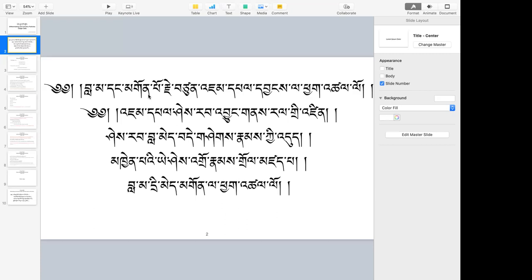I prostrate to you, O Lord without any stain. When we say stain here, we are primarily focusing on the stain of ignorance that is void of any wisdom pertaining to emptiness, to be understood as the ignorance of the self-grasping attitude. One who is free from that sort of stain and ignorance, O Guru Manjushri, I prostrate to you.